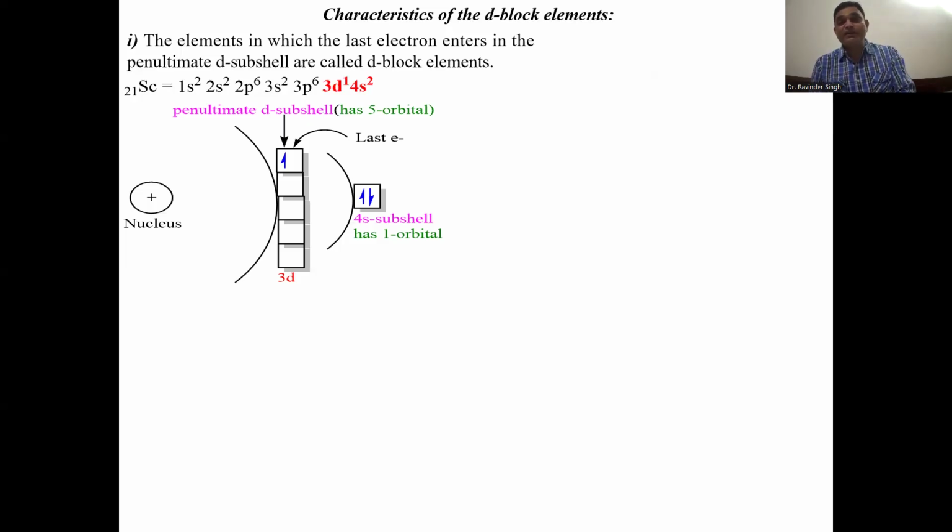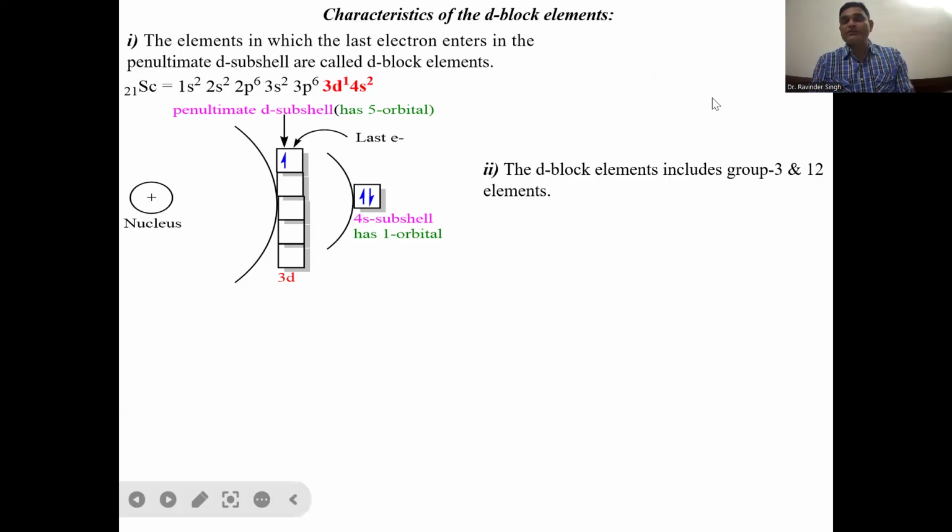The next electron will enter into the 3d subshell. After the electron enters into the 3d subshell, the 3d comes back to its original position in the third shell. The third shell has 3s, 3p, and 3d. And now the valence one is the 4s. Fine. So that is the definition of the d block elements.